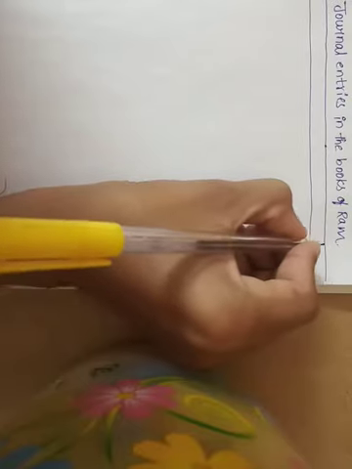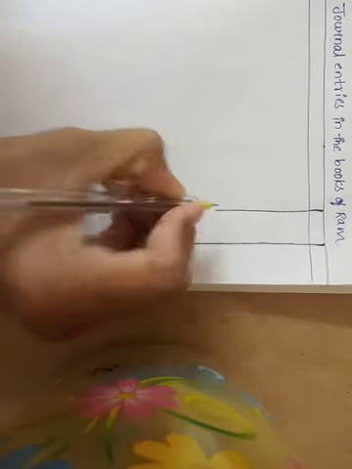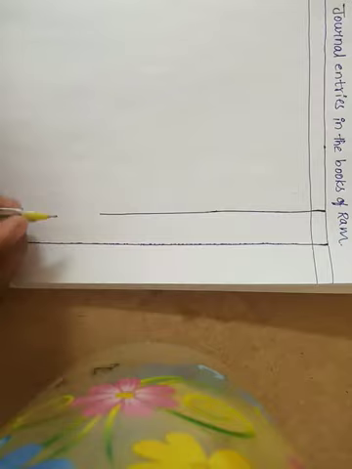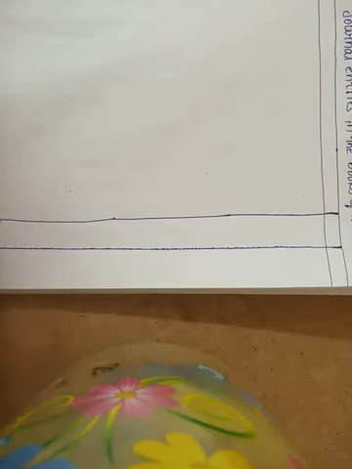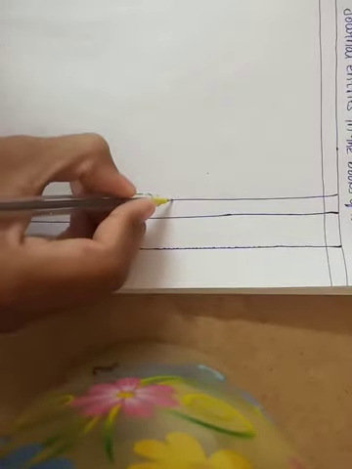Under that, the first column is date, next is particulars, then LF numbers, then debit amount, and credit amount.